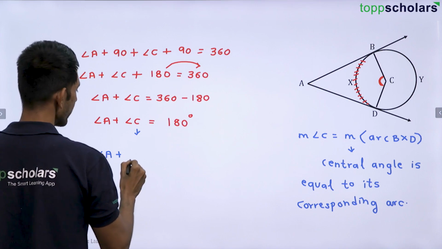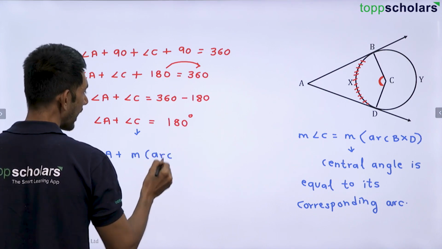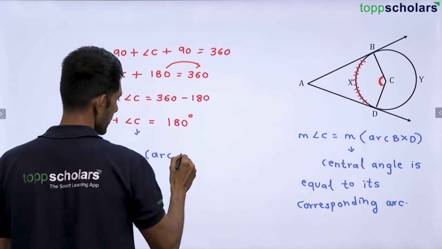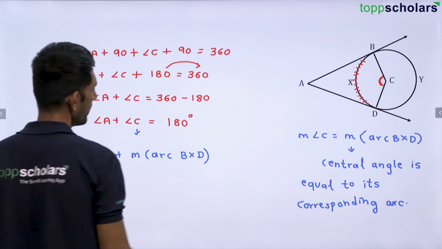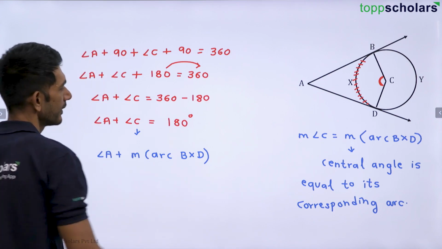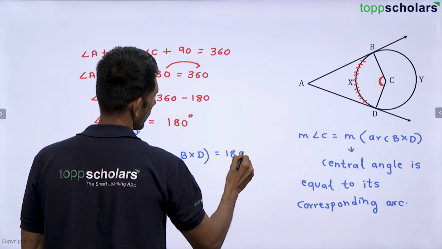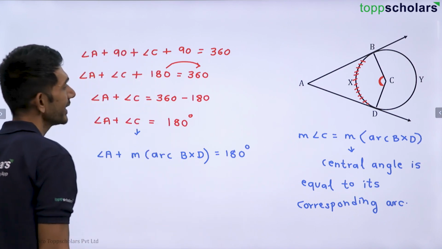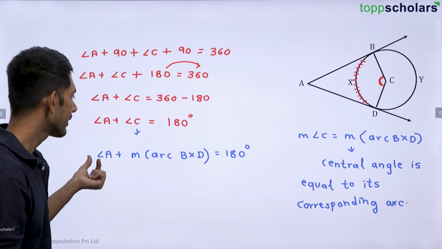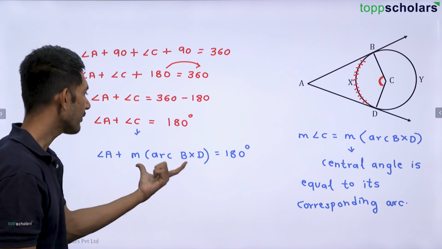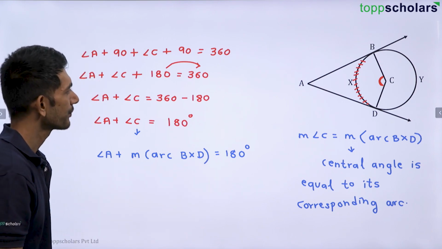So instead of angle C, can I write down angle A plus angle C? Can I say angle C is nothing but measure of arc BXD, and that is equal to 180 degrees. So as of now, what do you have? You have angle A plus measure of arc BXD is equal to 180 degrees.